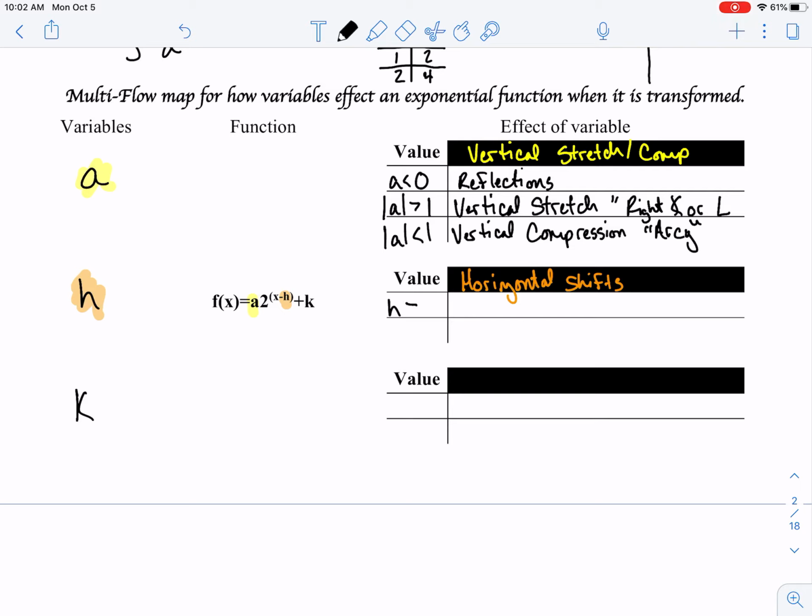If H is greater than 0, horizontal shift right. If H is less than 0, horizontal shift left.